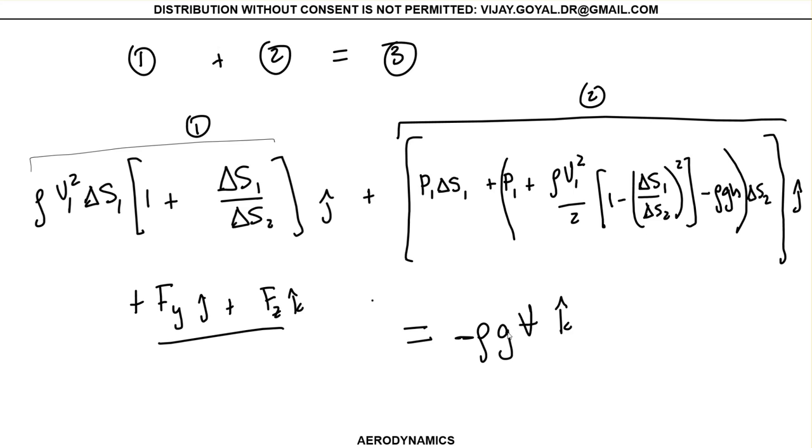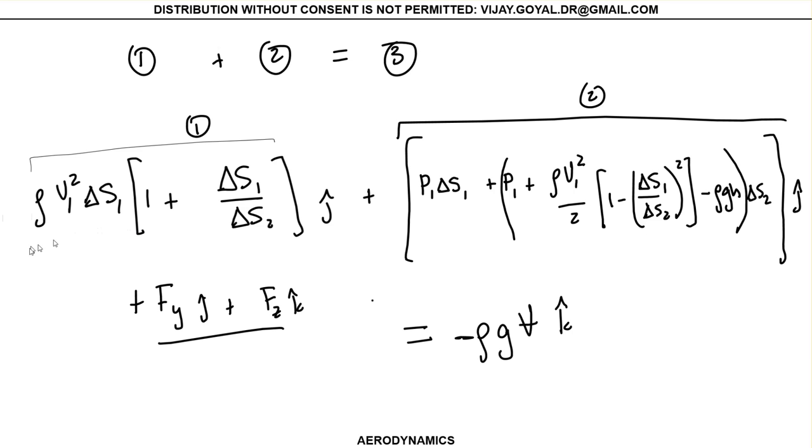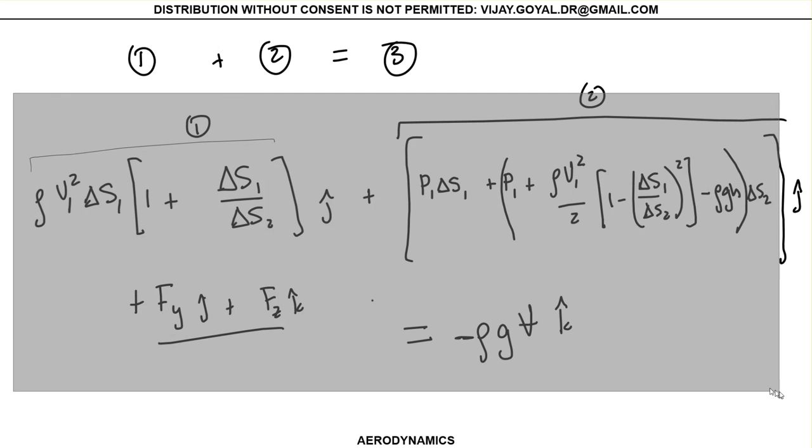Okay? So the best way to solve this problem is to say we can put all the terms in the z direction, all the terms in the y direction. That's a lot easier. So if I put all the terms in the y direction, take all the j components, then this whole expression equals the following.